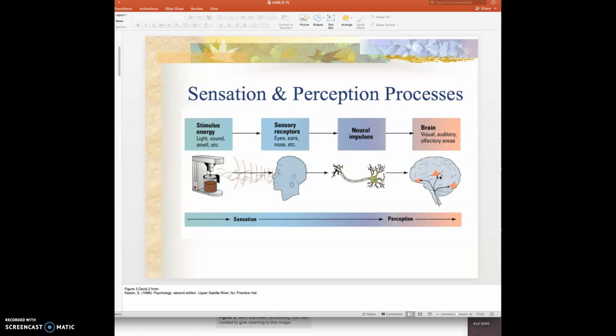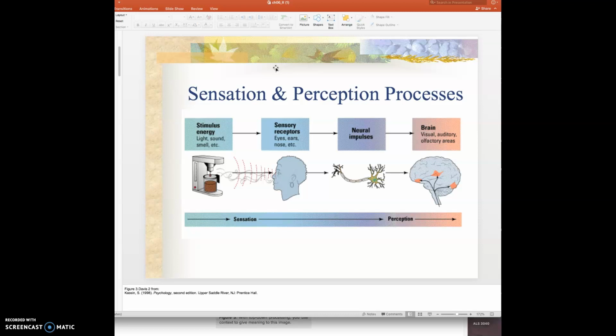When you have received all that information, how your brain is interpreting all of this information is your perception. So I hope this is a great visual representation of the difference between perception and sensation. When I do ask you to give me the difference between these two, this should be something that you always think about.